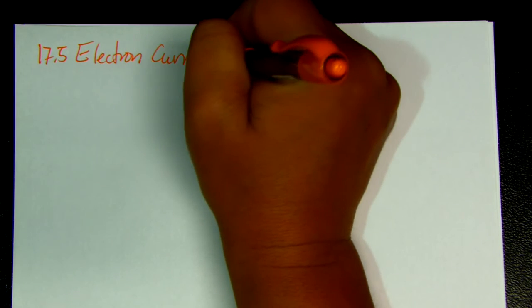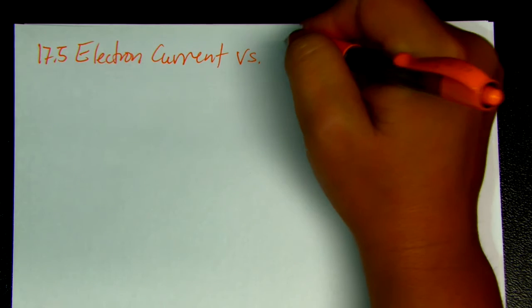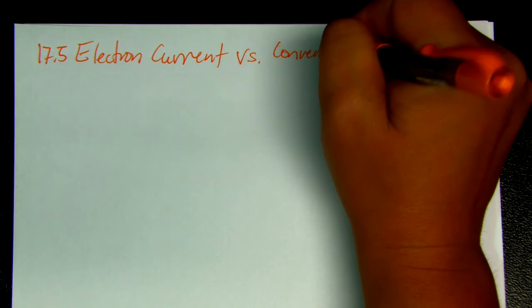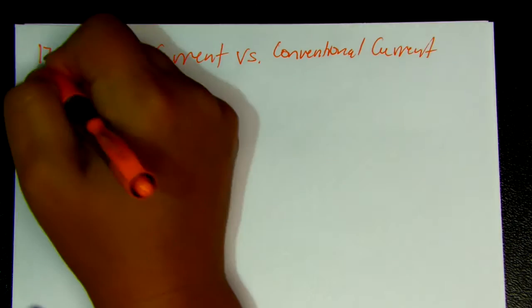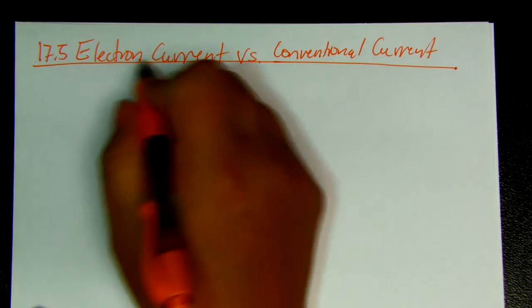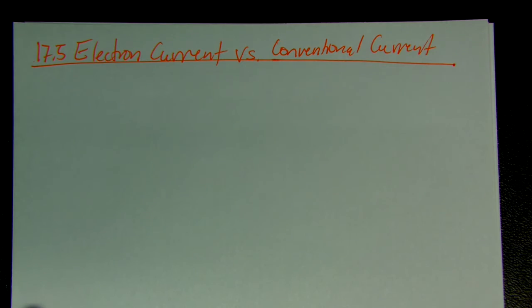All right, so there are some interesting things that we can do now that we understand the magnetic field associated with moving charges. Namely, we can move towards understanding electron current, which is a whole bunch of moving charges. Now, previously when I have been talking about current, I was very careful to use electron in front of it, and we're going to see why now.